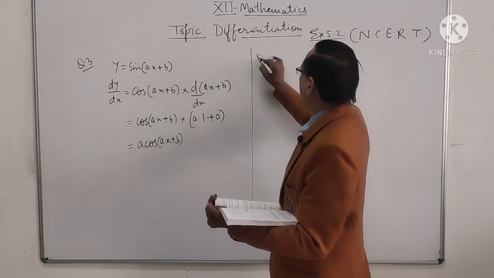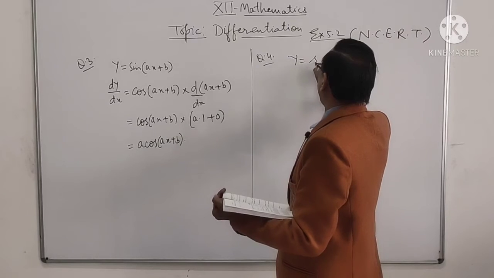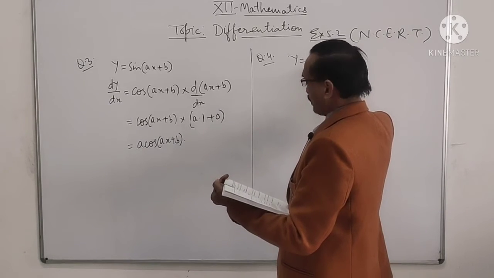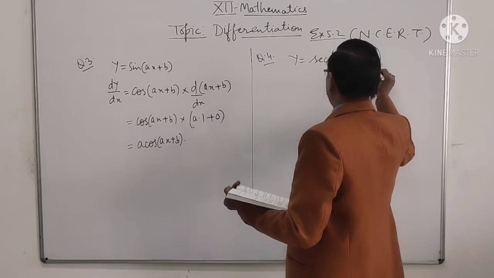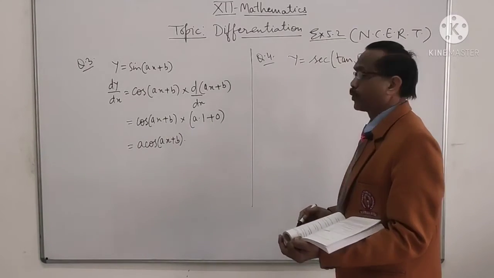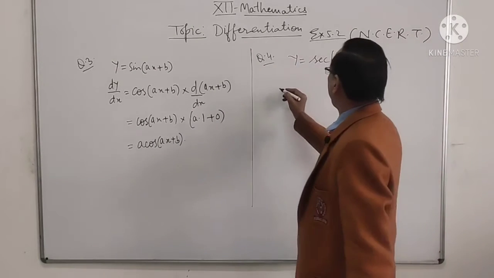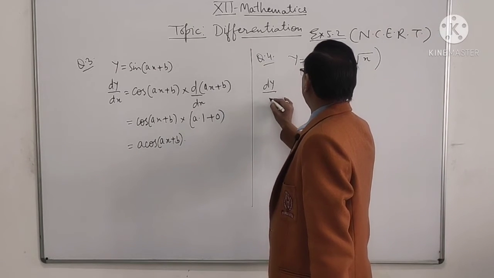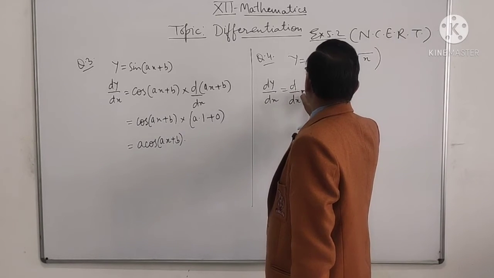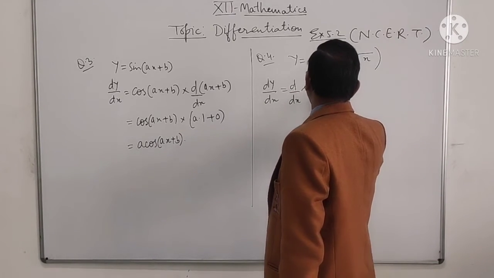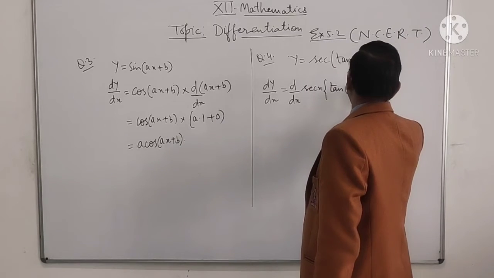Now question 4. y equal to sec(tan root x). So dy/dx equals d/dx of sec(tan root x).